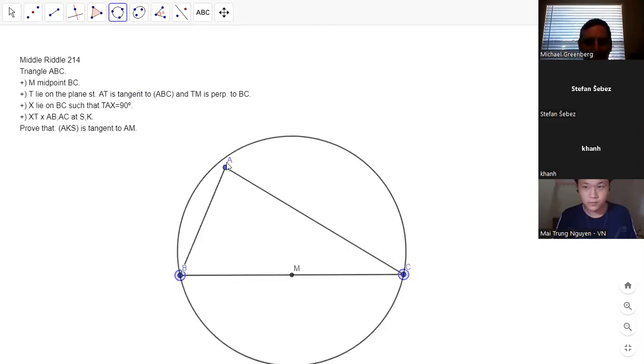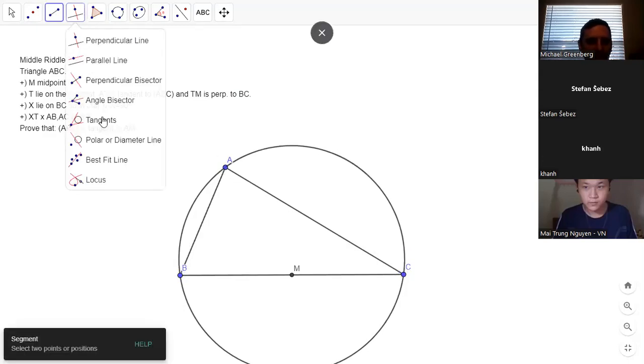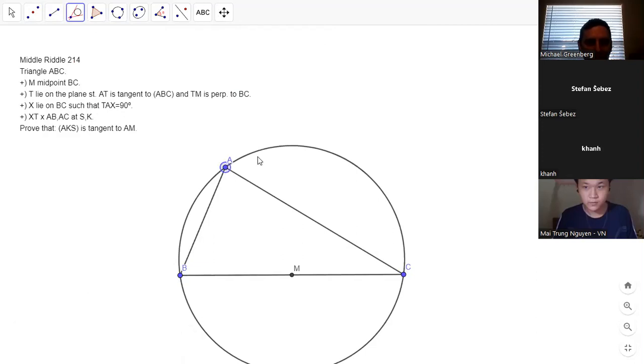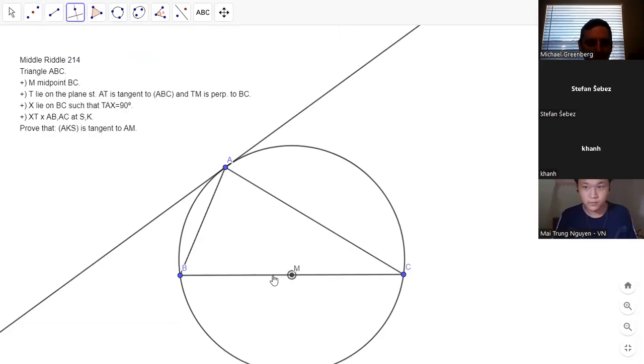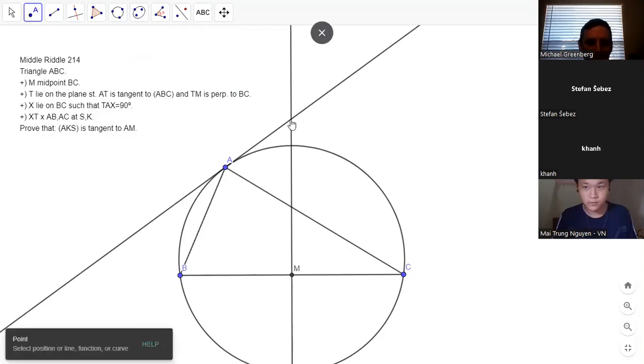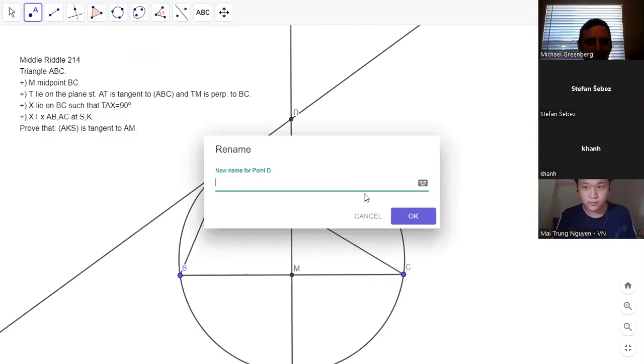TM. AT is tangent. Tangents. Perpendicular. This is TM.